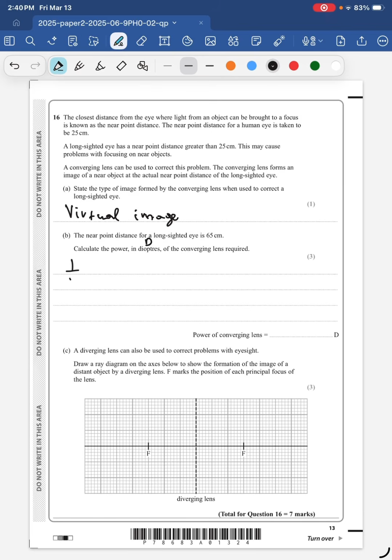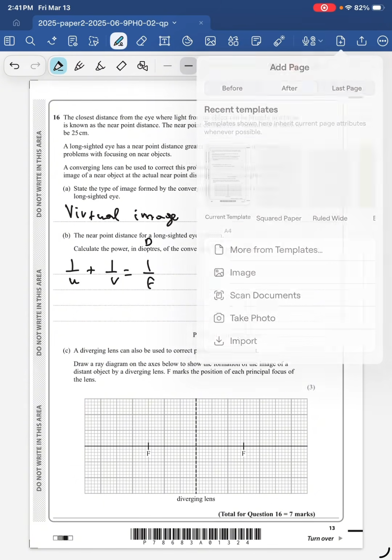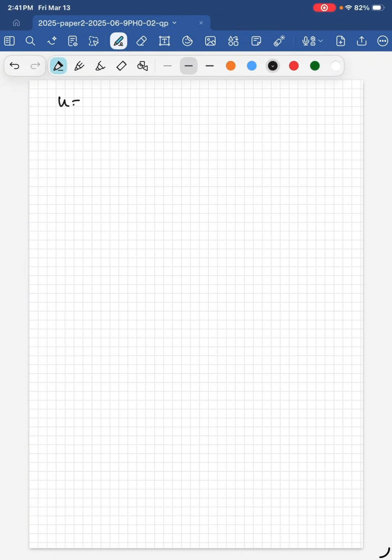So we're just gonna use 1 over U plus 1 over V is 1 over F. Okay, U is 0.25 meters. V is minus 0.65 meters. So it's virtual, therefore negative.